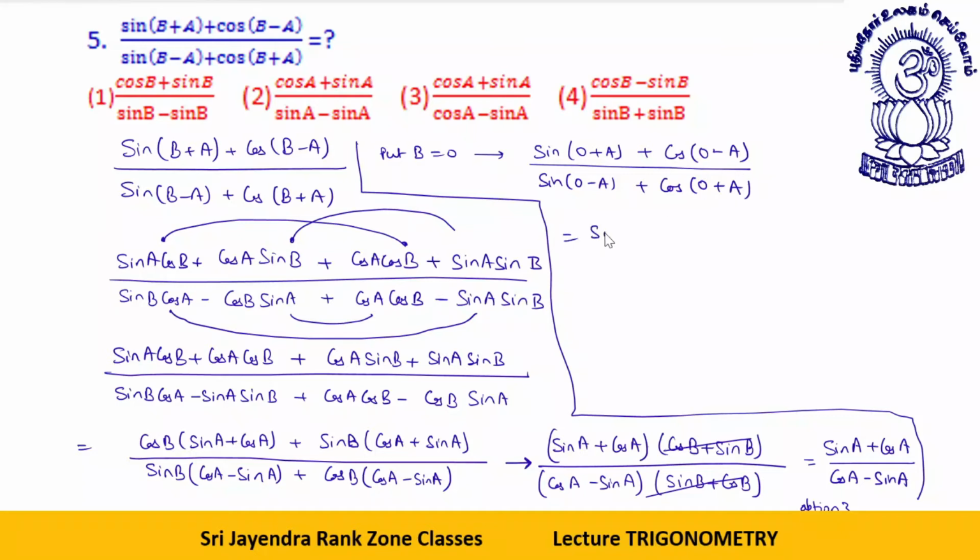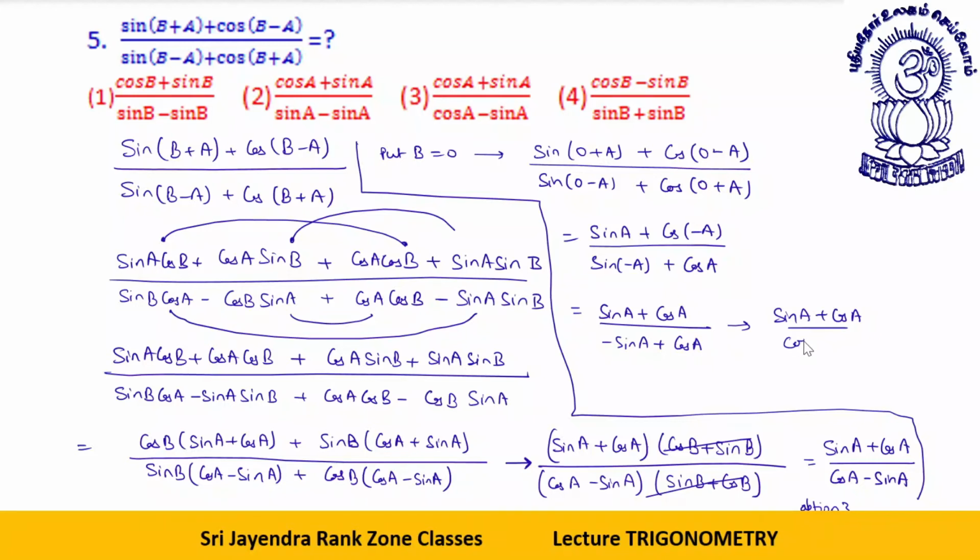What do you have? You have sin A plus cos of minus A, divided by sin of minus A plus cos of A. This will become sin A. Cos of minus A will be cos A. Sin of minus A will be minus sin A, plus cos A. So this will be sin A plus cos A divided by cos A minus sin A. This is your answer.